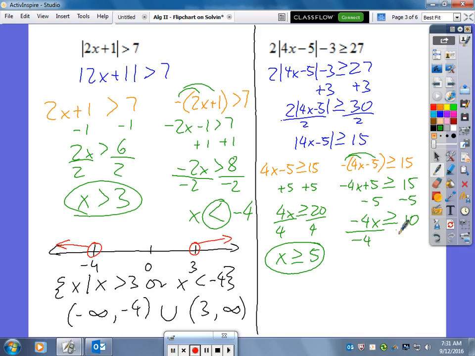Divide by negative 4. And again, don't forget to flip the inequality symbol. X is less than or equal to negative 5 halves. With the flipping of the inequality symbol when dividing by a negative number, you have seen the pattern already, or are starting to see the pattern, aren't you?